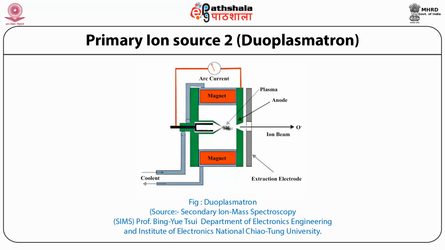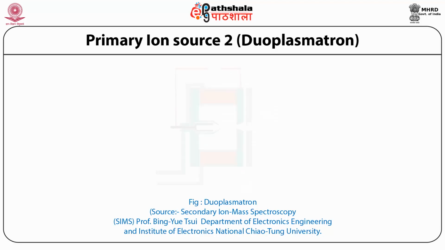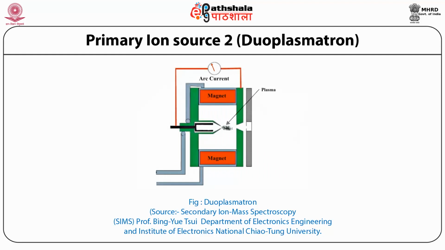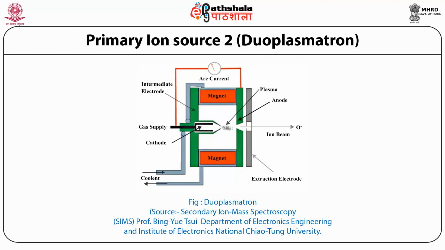They basically are the gas supply chamber where inert gas is fed. There are two electrodes, cathode and anode as usual. The ion beam is just opposite to the gas supply. Since a large amount of energy is required, there is a coolant also. All the processes take place under the influence of a magnetic field.